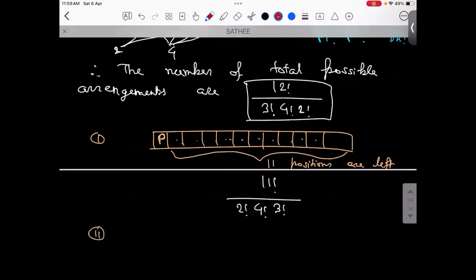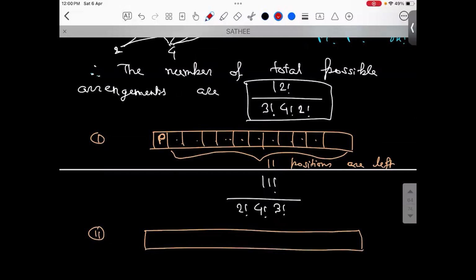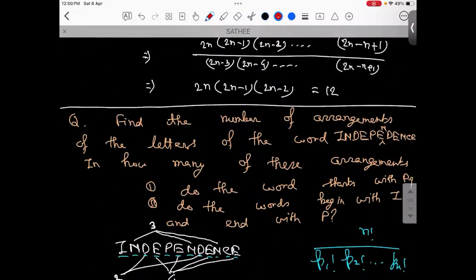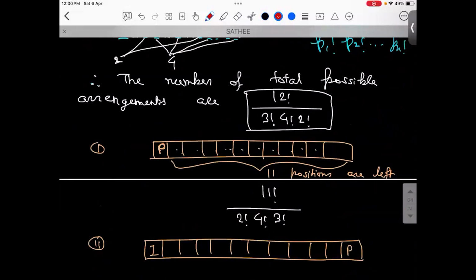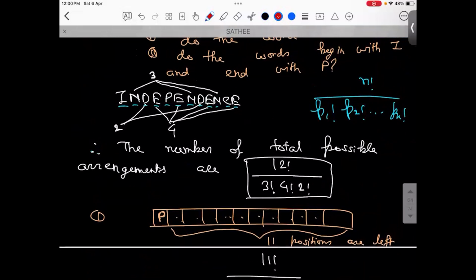Now in the second example, we need to find a word which has 12 letters, which starts with I and ends with P. So we are left with 10 positions, and also we are left with 10 letters.